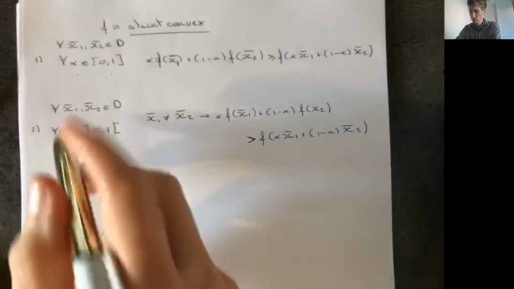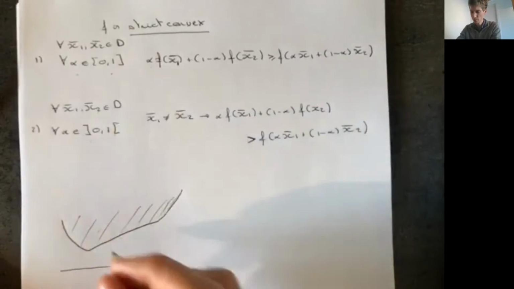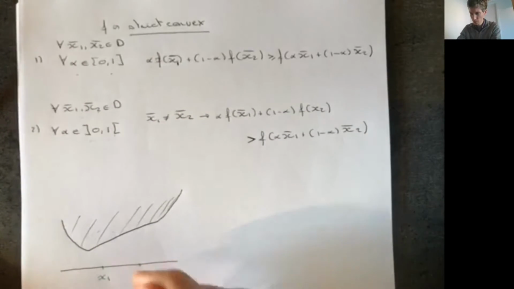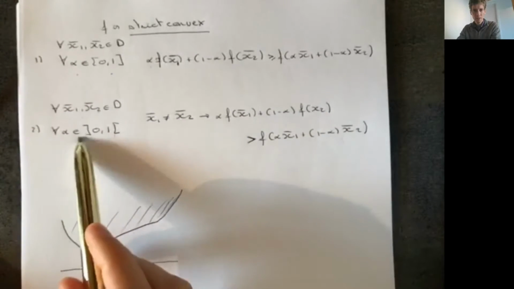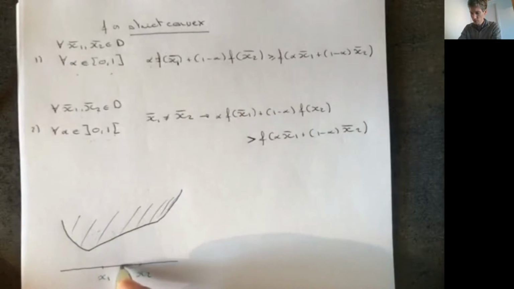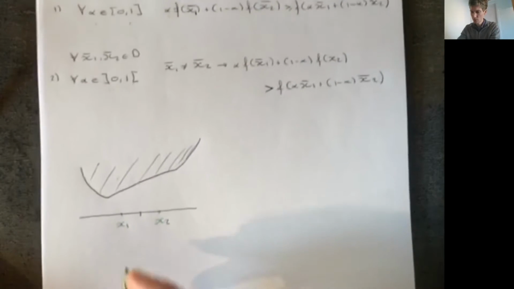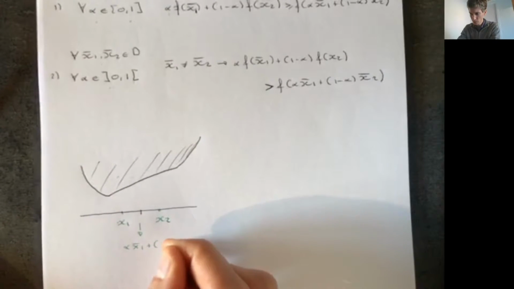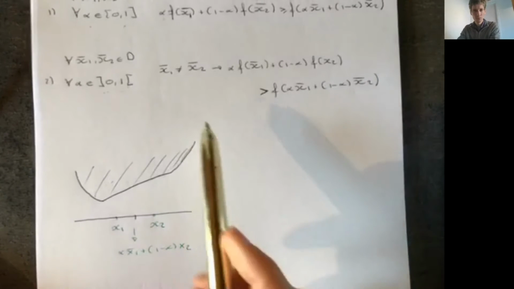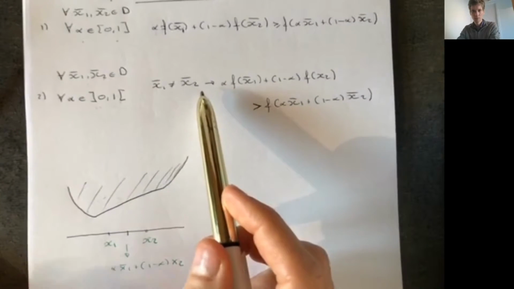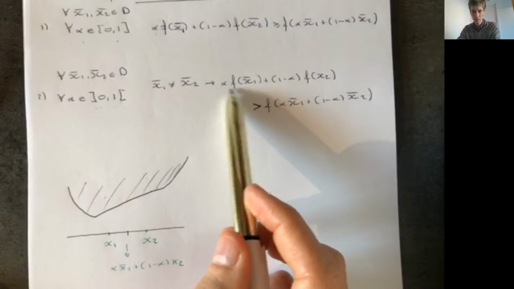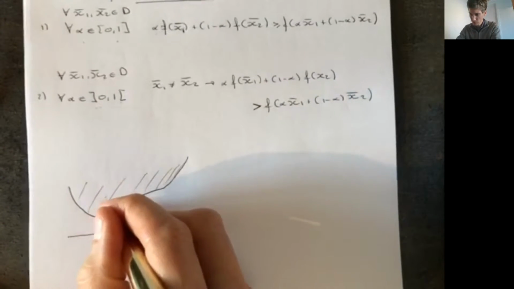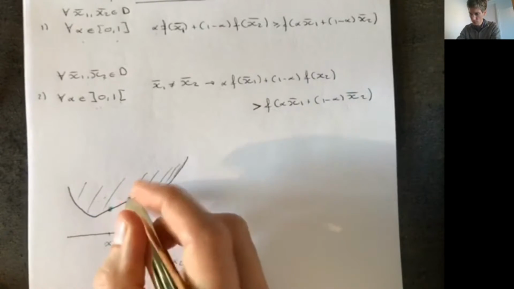I can take 2 points x1 and x2, for example this one here, and I can take an alpha strictly between 0 and 1, so this could be alpha x1 plus 1 minus alpha x2. Then I need that alpha f of x1 plus 1 minus alpha f of x2, so this is f of x1, this is f of x2.